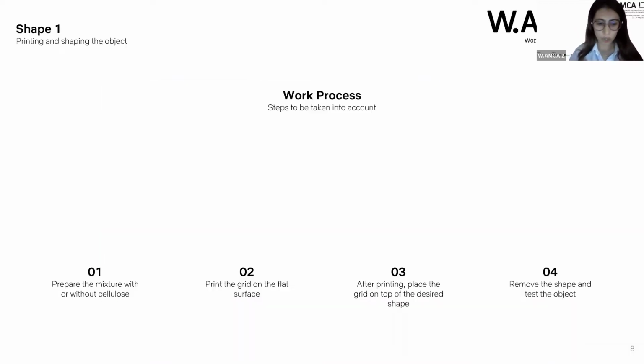So in order to test the printability of an object using 3D printing, I made an initial test. I called it shape 1. It consisted of printing a regular grid with 1 layer. The test aims to check the printability, the viscosity of the material, and the shrinkage index of the material.